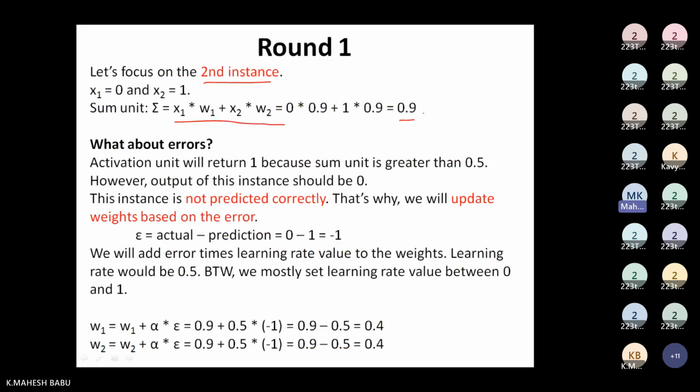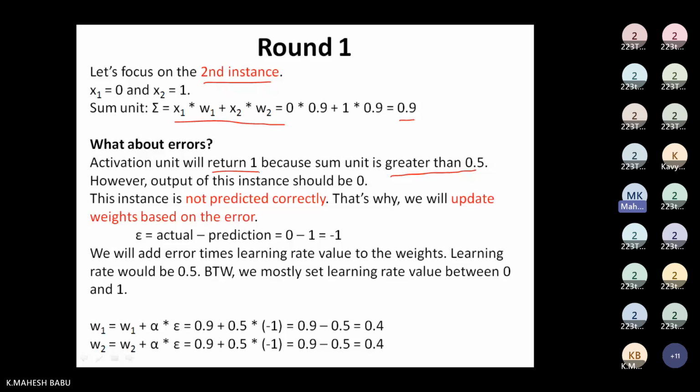Actually 0.9 is greater than the threshold value, right? Here I am assuming the threshold value is 0.5, and the sum value is more than 0.5, so it returns 1 instead of 0.